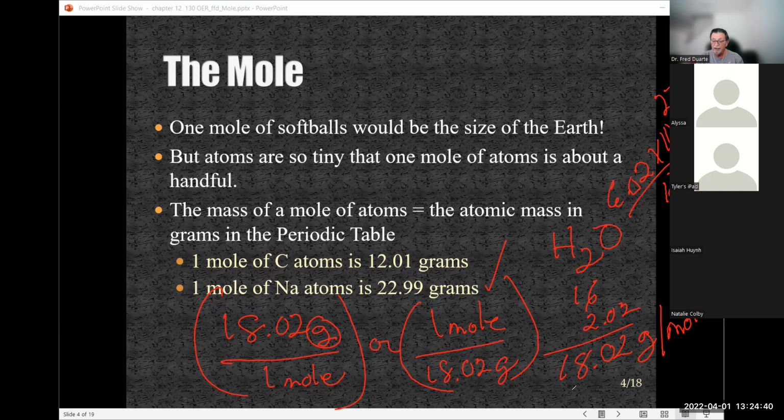If you weigh out 18.02 grams, which is not a lot, it's roughly about 18 cc's or 18 milliliters, very small amount, and yet we have in there 6.02 times 10 to the 23rd molecules. That gives you a perspective as to how tiny these molecules of water are. I shouldn't say atoms, molecules of water. Okay. And that's just 18 grams.